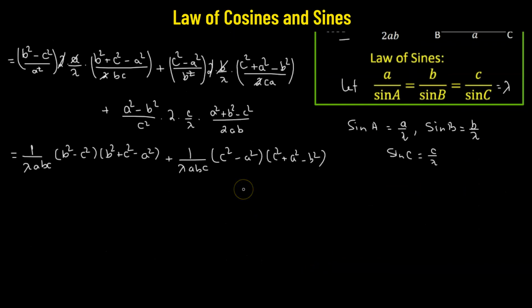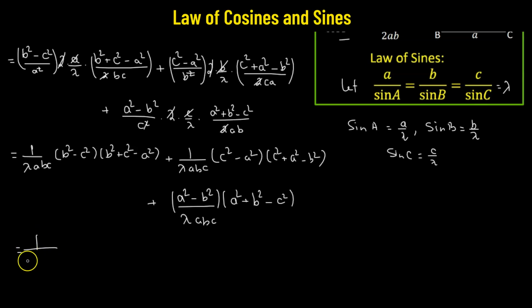And then finally, rewriting the third term, we can first cancel out c from the numerator and denominator as well as 2. So we have (a squared minus b squared) divided by lambda times abc multiplied by (a squared plus b squared minus c squared).